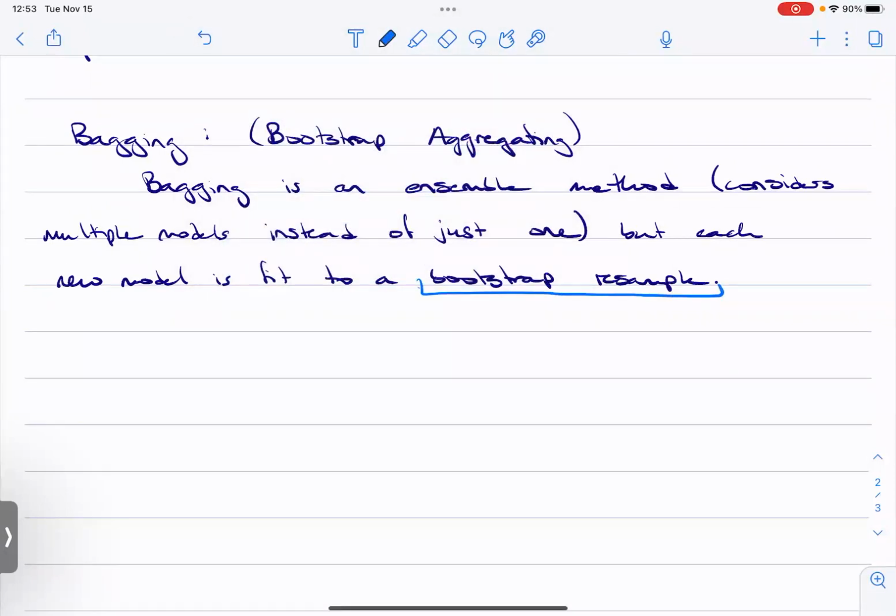The bootstrap resample means that each model is built using a different data set, generated from the original data set, obviously.